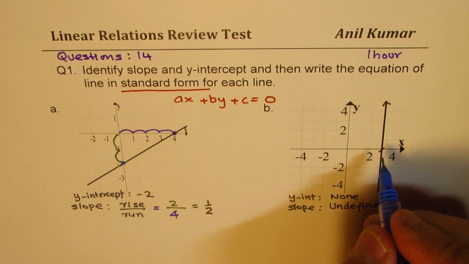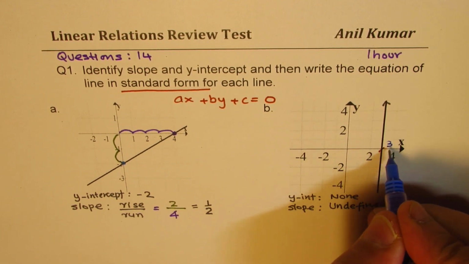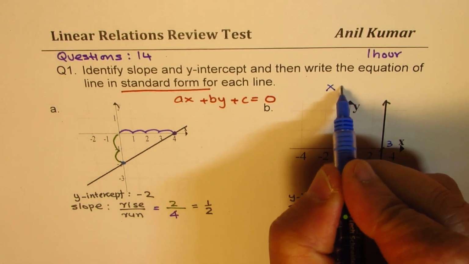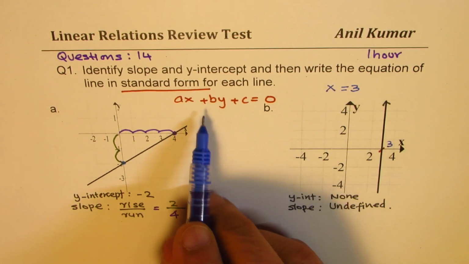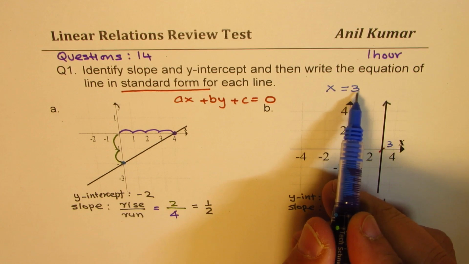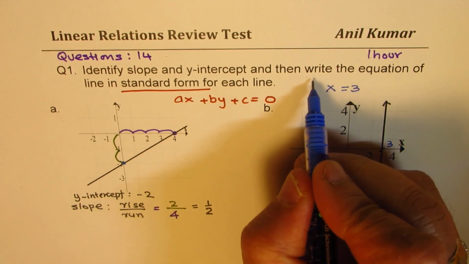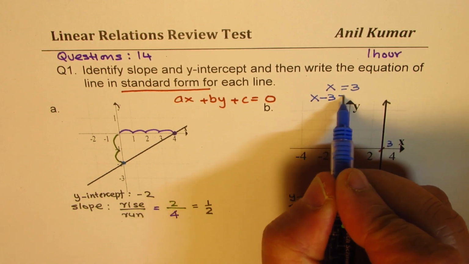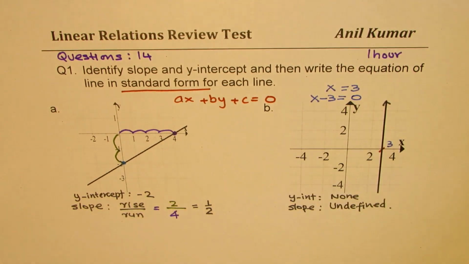So let me take this first. The x-intercept is 3, and therefore the equation for this line will be x equals to 3. And in standard form like this, we'll bring 3 to the left side and we'll write this equation as x minus 3 equals to 0. Perfect. So that will be the equation of the second line.